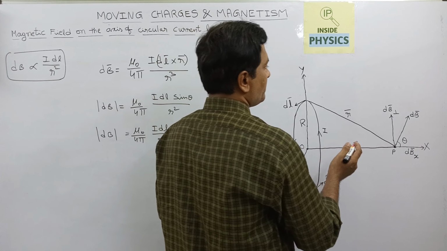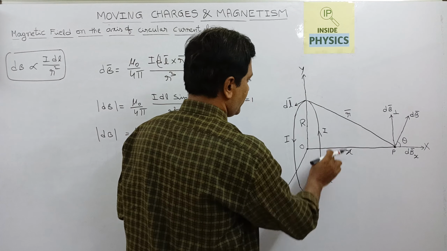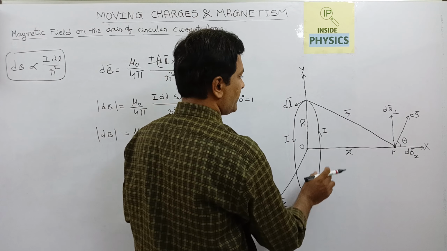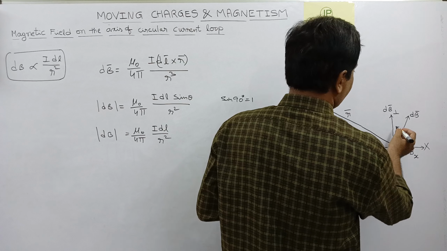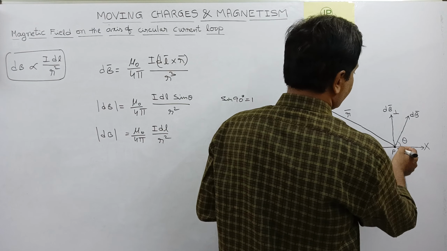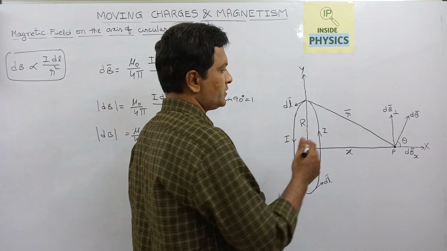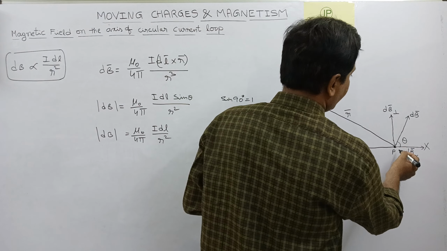So here now if you observe the entire current loop and take small current elements, this perpendicular magnetic field vector is always cancelled by the opposite current's magnetic field vector.